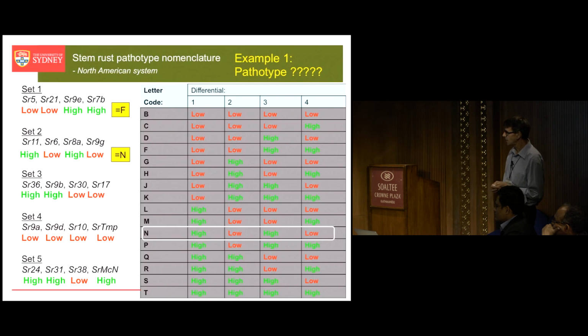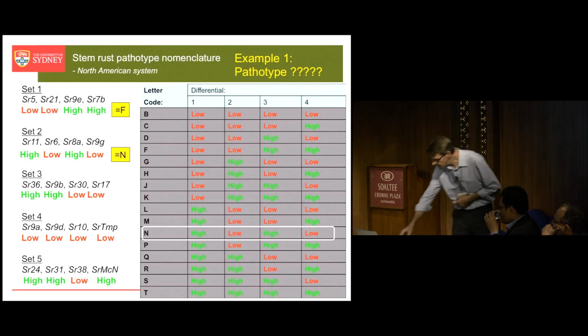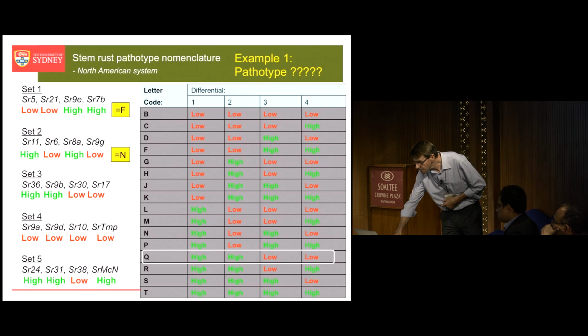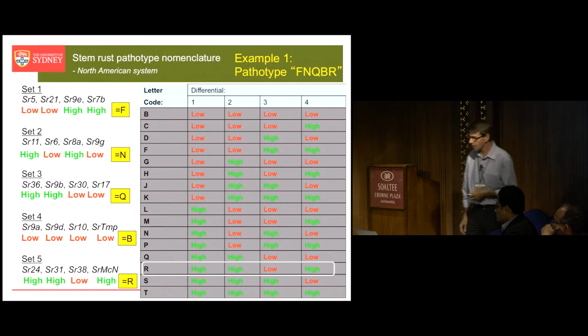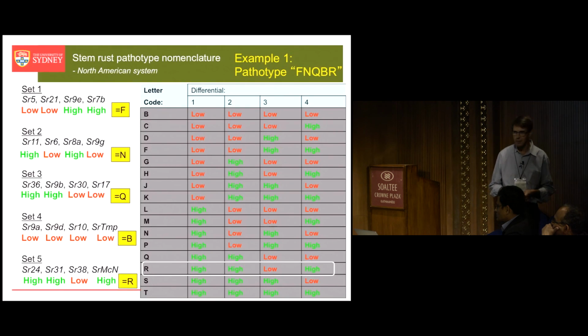So what is it? High, low, high, low. High, low, high, low. So it then gets an N. Yep, people are getting ahead of me already. Next one. Yep, and the next one. So that would be pathotype FNQBR. Probably doesn't exist, I don't know. It's a hypothetical example.